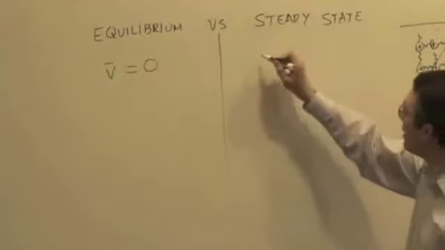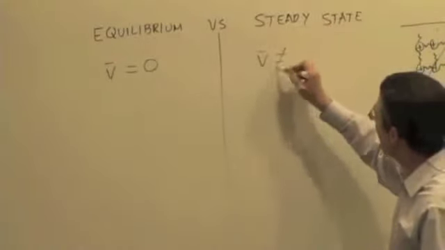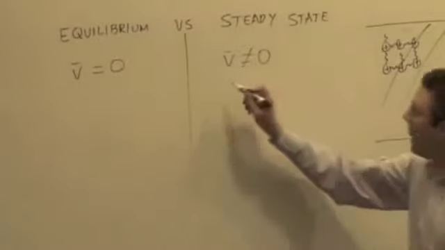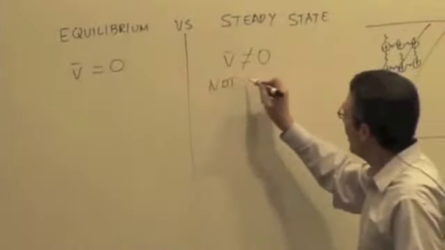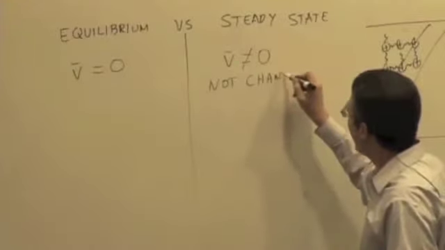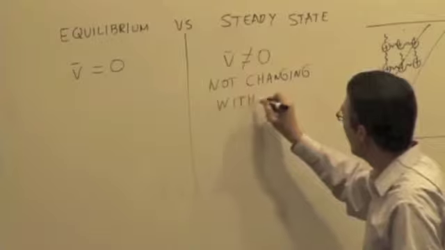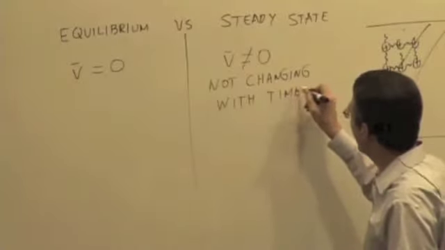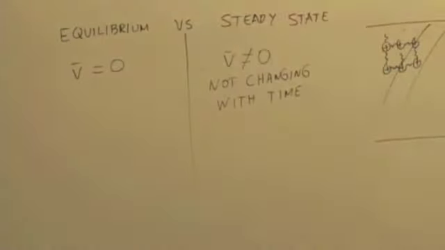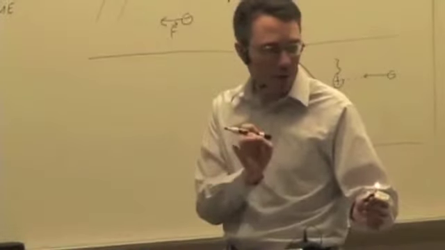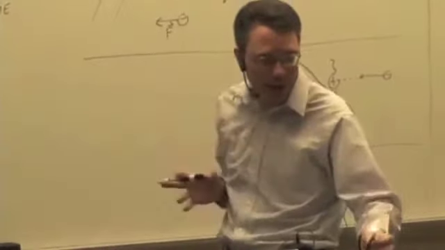In a steady state, it's not equal to 0, and it's not changing over time. So it's steady. Now, as we'll see, the speed might not necessarily be the same everywhere in the circuit, but at a given point, the speed stays constant in time, okay?